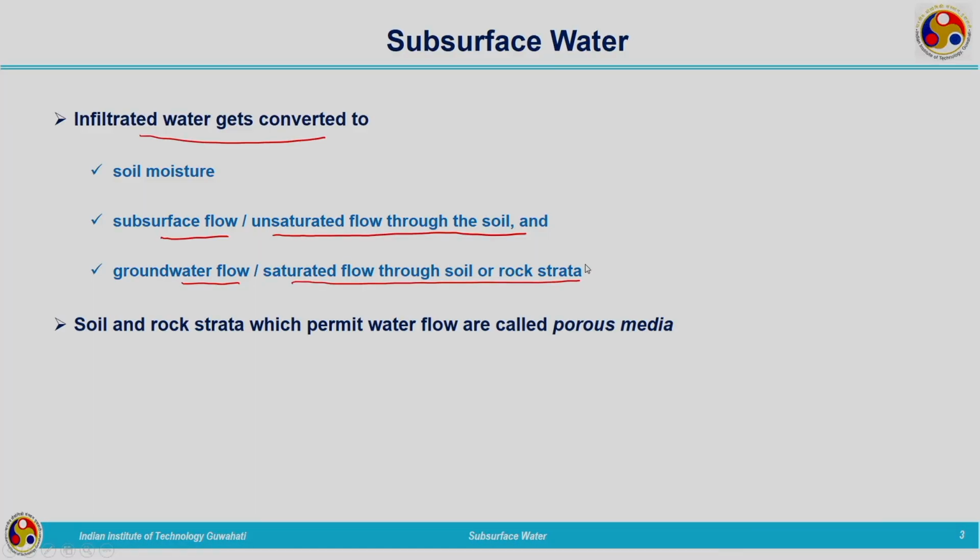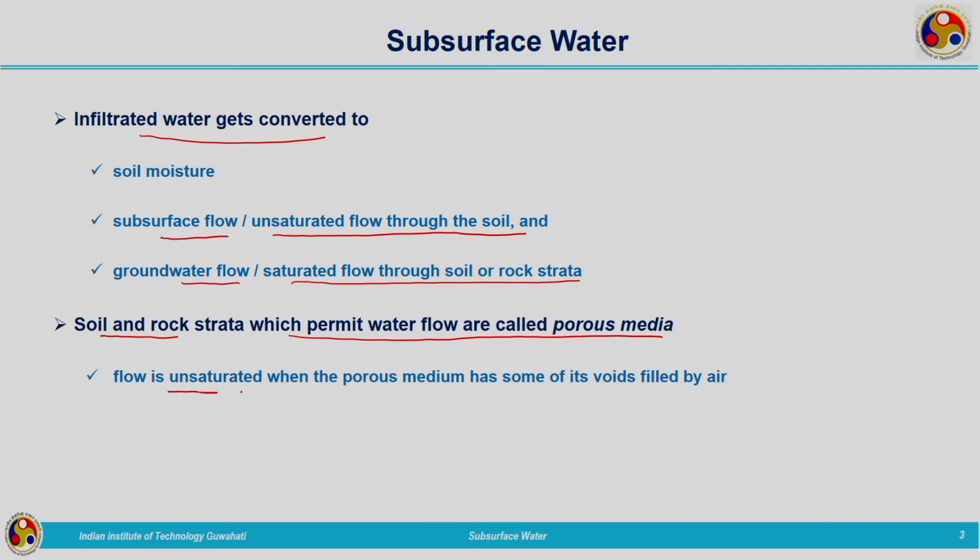And coming to the soil and rock strata which permit the flow of water, it is called the porous media. Technically, we talk about flow through the porous media. What is meant by porous media? Porous media is the one which allows the flow of water through soil and rock strata.